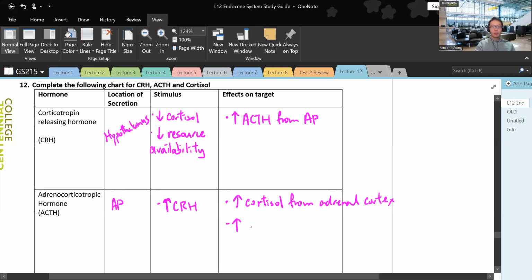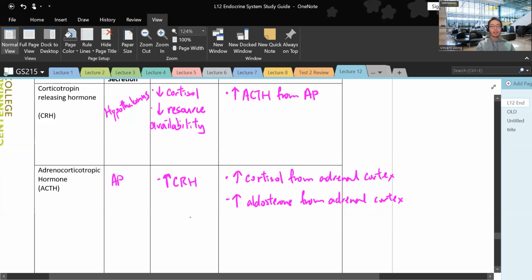It will also increase aldosterone from adrenal cortex. So aldosterone can be released as a result of this pathway, or aldosterone can be released as a result of the RAS that we learned in the kidney unit.